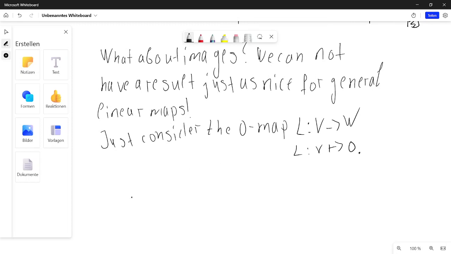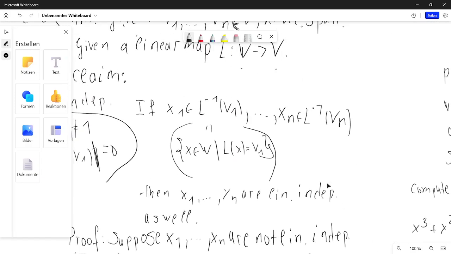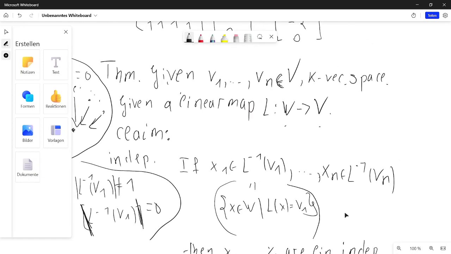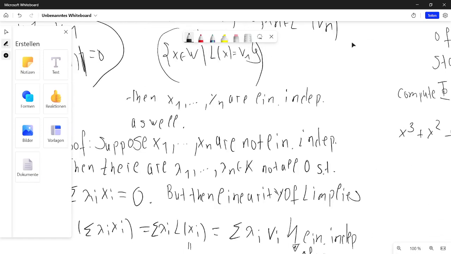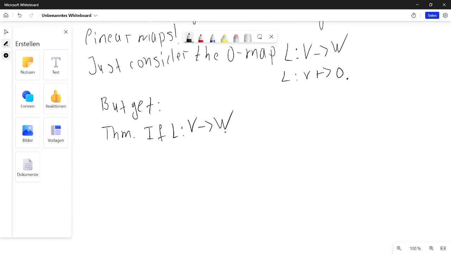But we get something nice if L is injective.